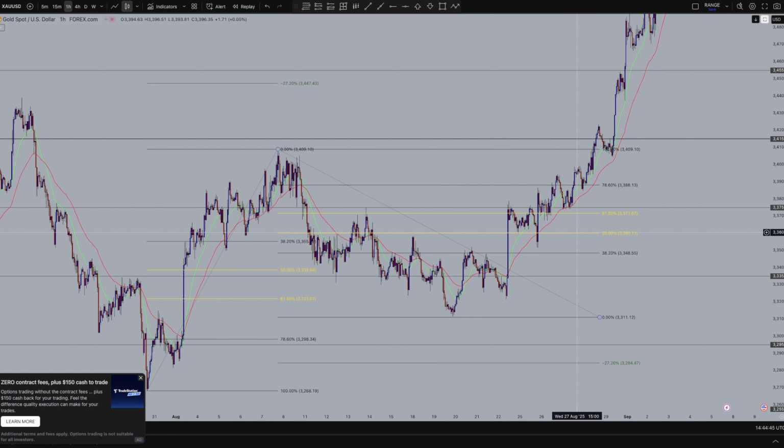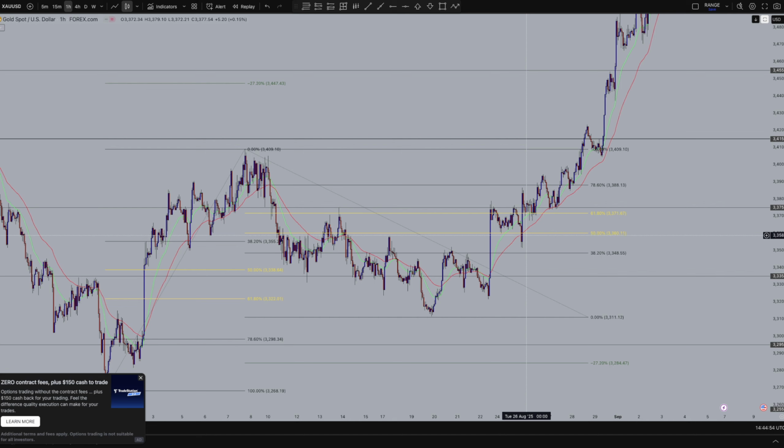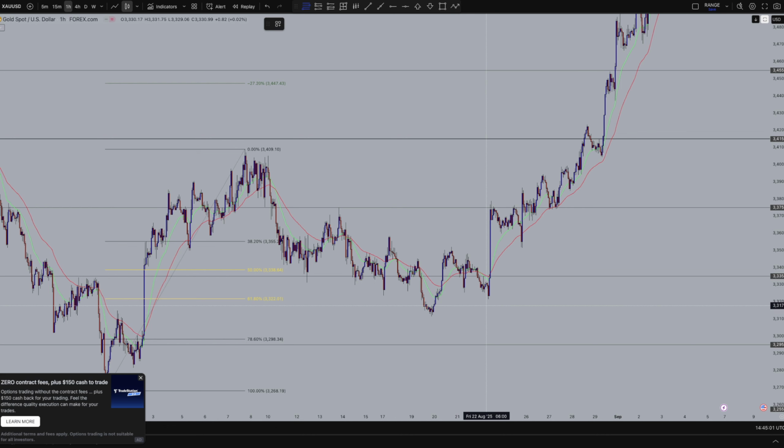So, technically speaking, you would have been targeting 50, 61, or 78. Okay, all I'm trying to say, that's what you would have been targeting. But say, like I said, you're like, oh my god, I missed the move. What do you do? The same thing over and over again until you perfect it. You don't need a million strategies, right?